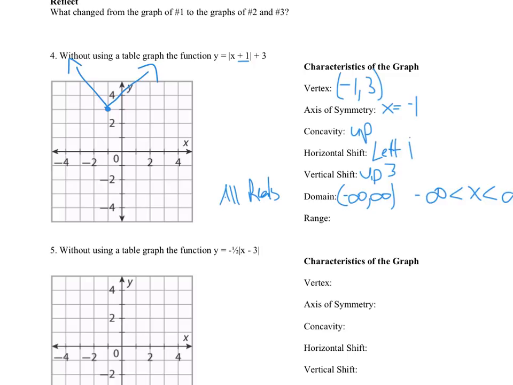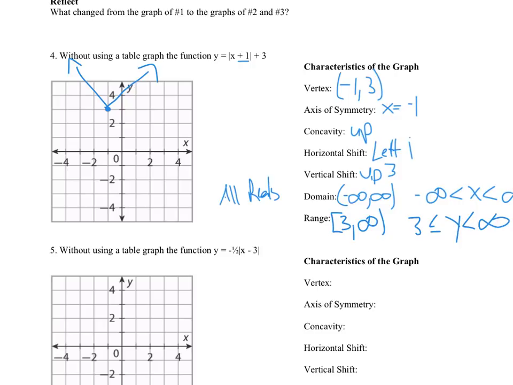So our range would go from our bottom, which is at 3, and we're going to include that 3. That's why it's a closed bracket. And that's going to go to +infinity, or we can write it as 3 is less than or equal to y, because we need to include that 3. It's going to go on forever to +infinity.